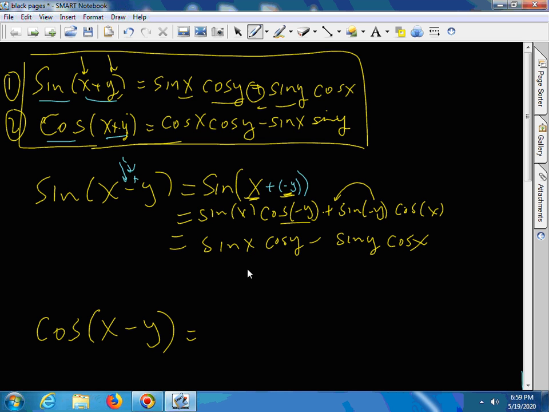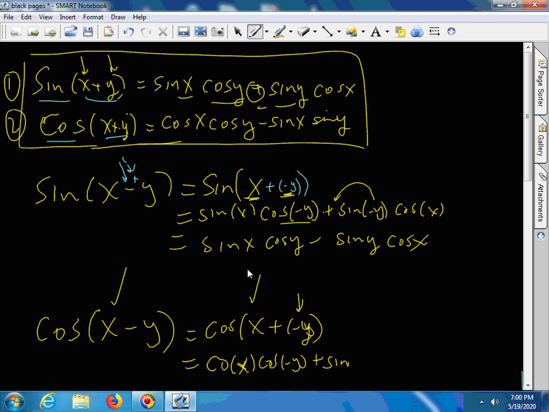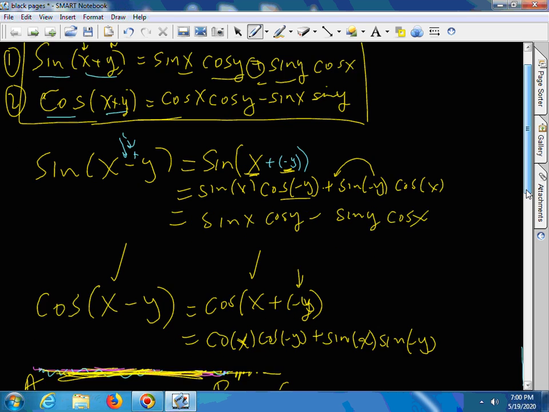Same game with cosine. Think of the angle as x plus negative y, and then you just use the rule. It's the cosine of the first angle times the cosine of the second angle plus the sine of the first angle times the sine of the second angle.